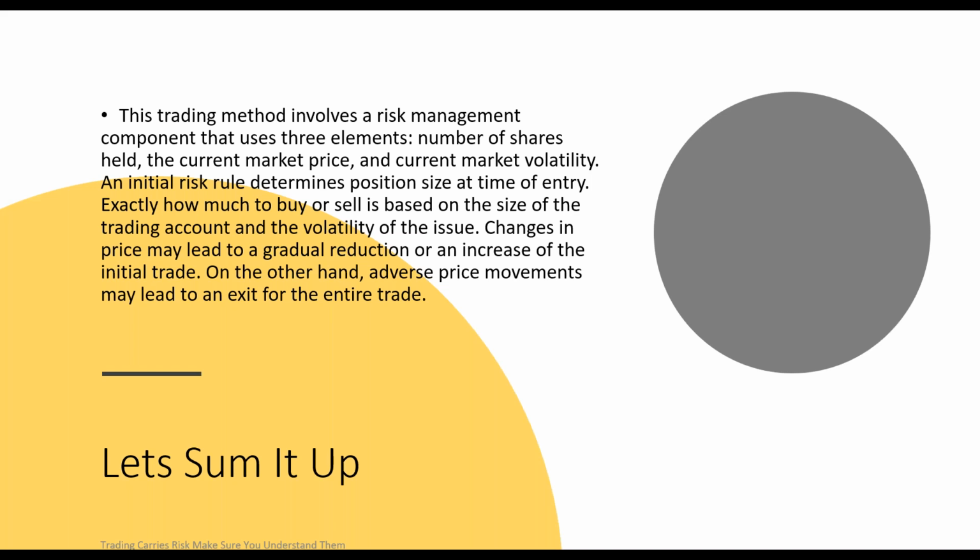So this trading method involves a risk management component that uses 3 elements: the number of assets or contracts, the current market price, and the current market volatility. The initial risk rule determines position size at the time of entry. Now, all of us must have a risk management strategy built into our trading plan.